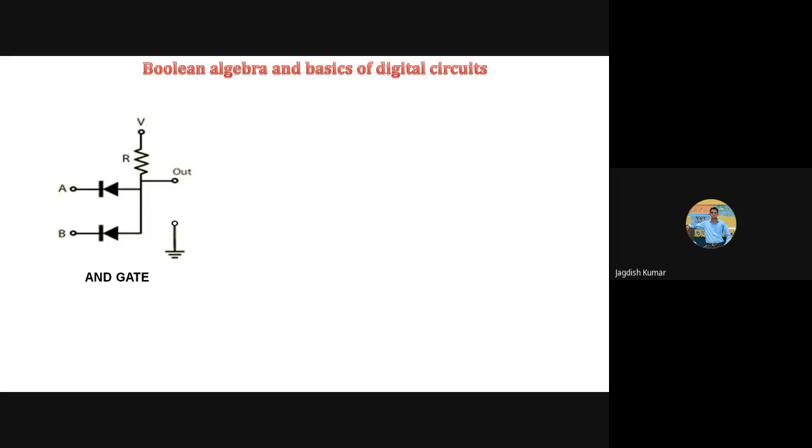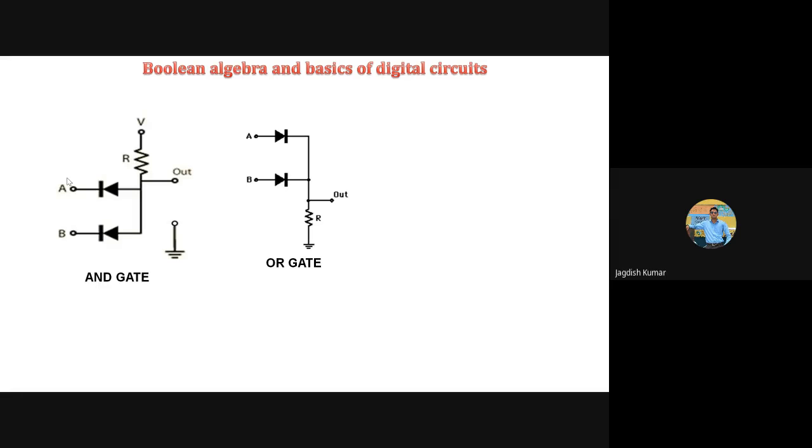Well, so is the operation of the AND gate with the help of diodes clear or not? Okay, if it is clear, then how can we design an OR gate with the help of diodes? Here is the circuit. Now you take some time, I won't explain it.